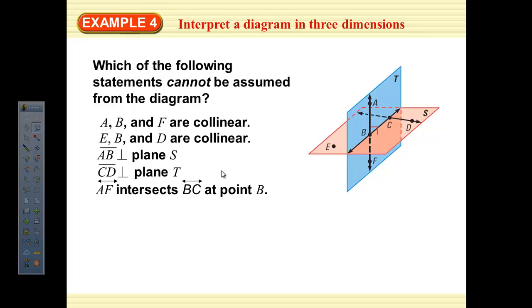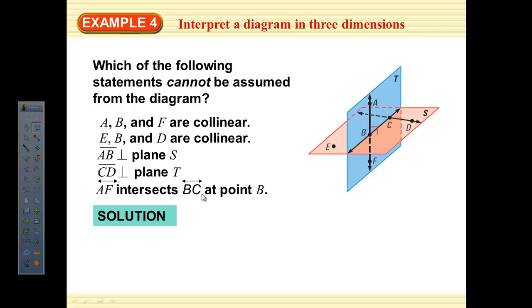If we look at AB perpendicular to plane S, we've got AB and we've got plane S, and if you notice, we've got this little box here. If we have that box there, then we know that this line is perpendicular to the plane. CD is perpendicular to plane T. We've got CD here and plane T is here. There's no box here, so we don't know if those are perpendicular.